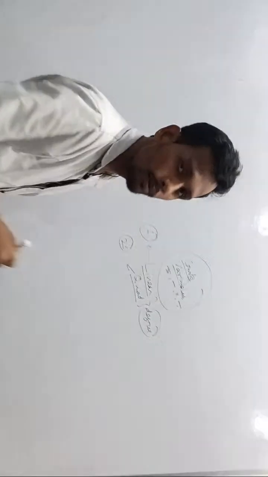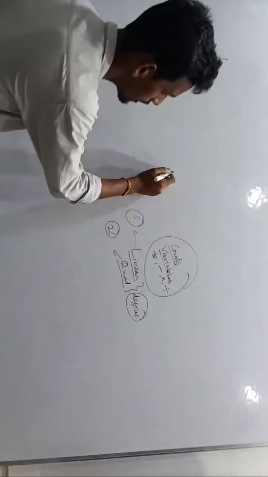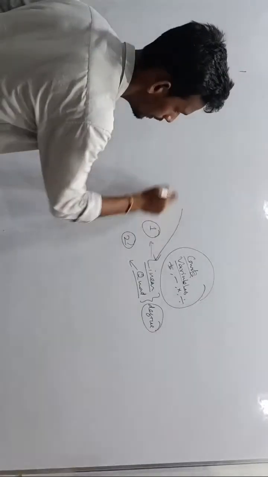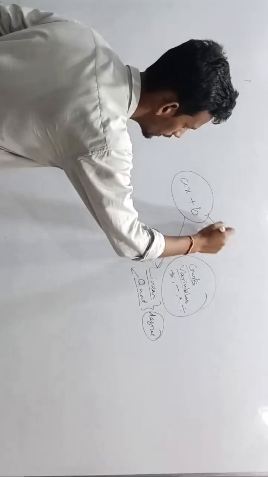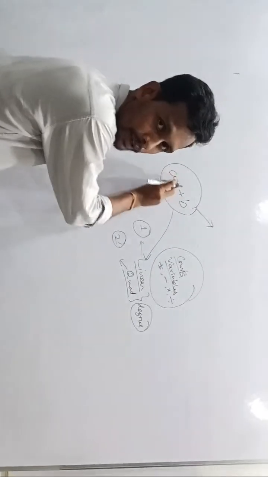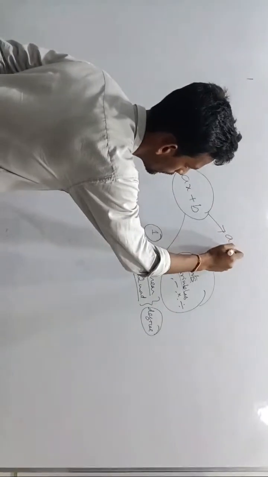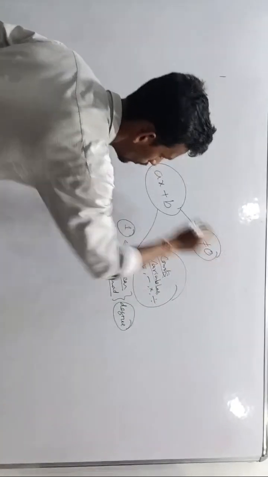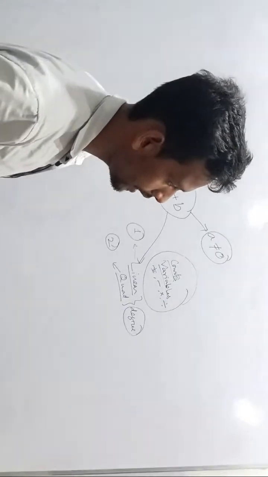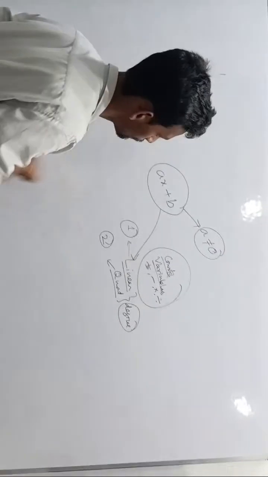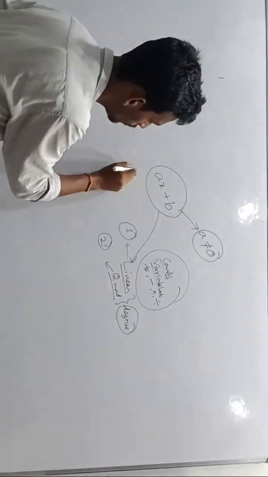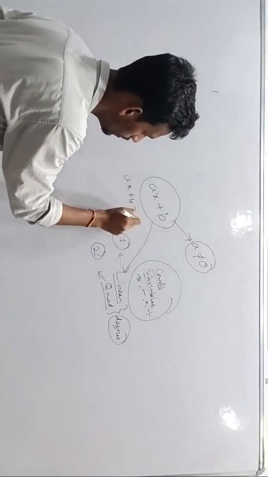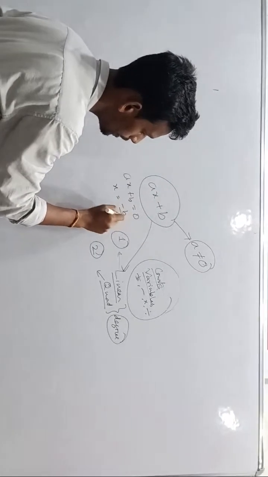For a linear polynomial, the standard form is ax plus b. Here the coefficient of x cannot be 0. What is the zero of this polynomial? Set ax plus b equal to 0, so x will be minus b by a.